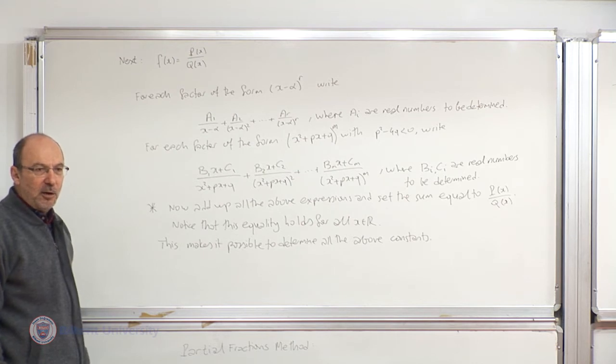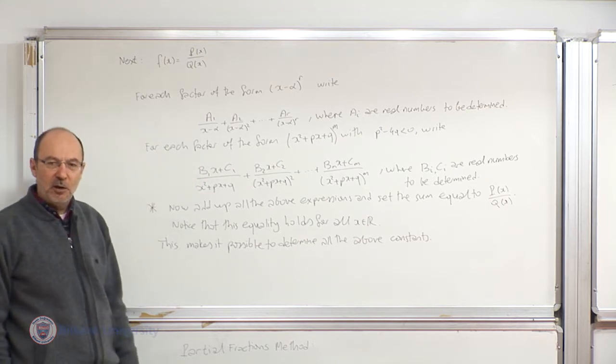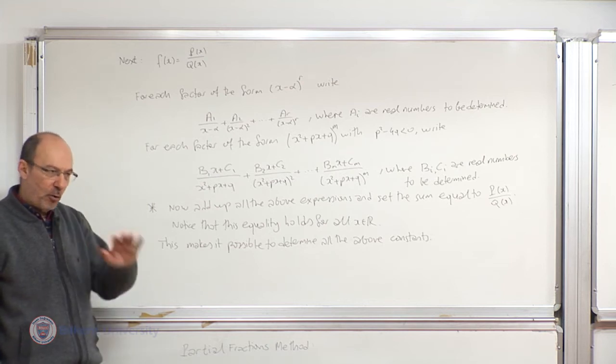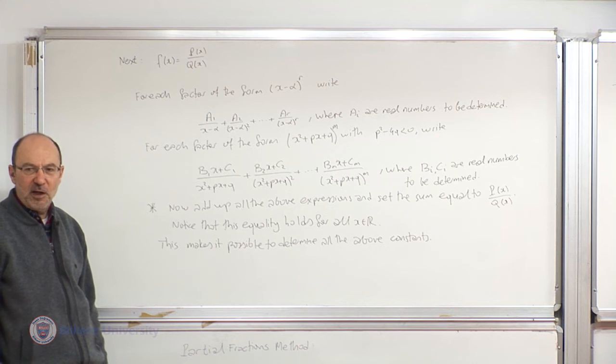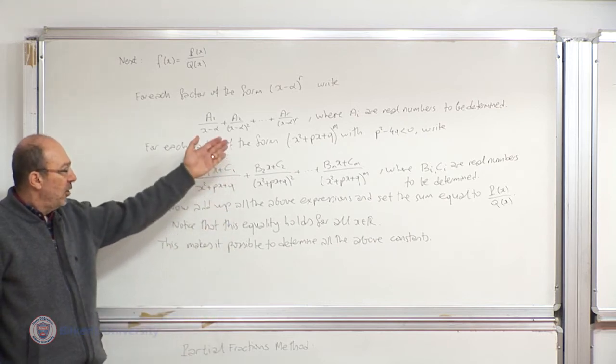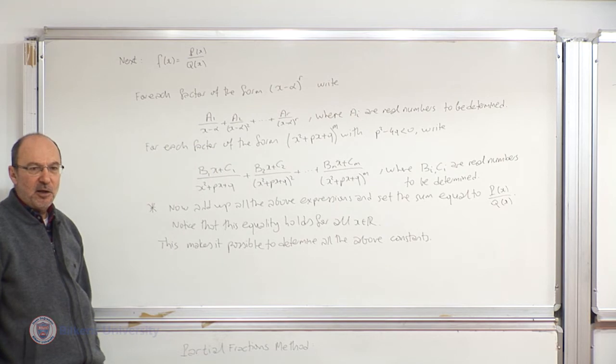Okay, so the denominators are the same. Therefore, the numerators must be the same. On the left-hand side, the numerator is p of x. All the coefficients are known. On the right-hand side, you have a polynomial of exactly the same degree. Okay, but the coefficients are linear combinations of these constants, a's, b's, and c's.